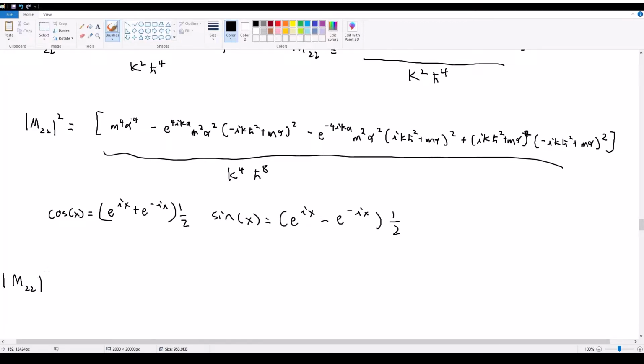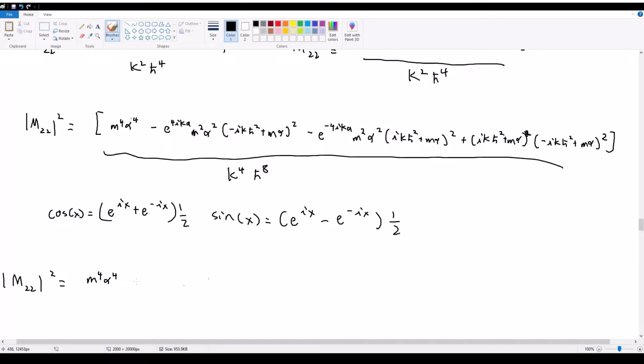So |m22| squared is going to equal m fourth alpha fourth minus e to the 4ika m squared alpha squared. And actually, I'm going to combine the middle two terms just to make my life a little bit easier.